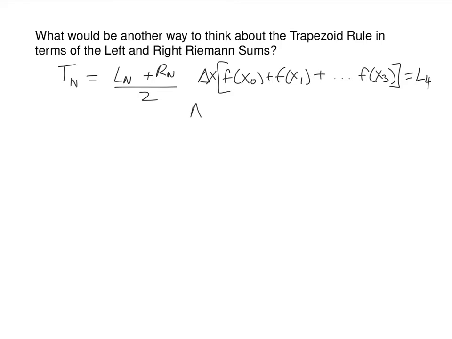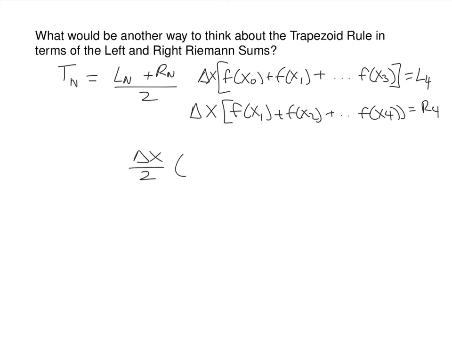The right sum does delta x, skips the first endpoint, does f of x1 plus f of x2, and goes up to the last endpoint. So that's R4. If you add those up and divide by 2 to get an average, you get delta x over 2, and you'll have 1 f of x naught, 2 f of x1s, 2 of all the middle ones, and 1 f of x4.